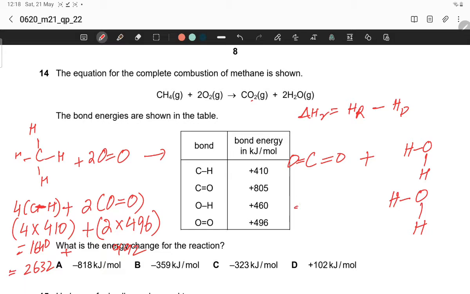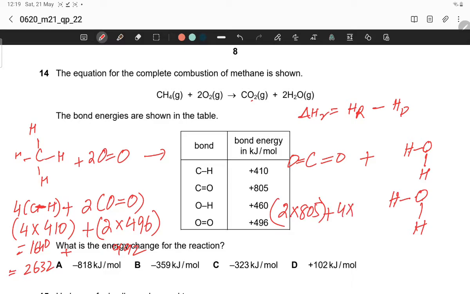And this is 2 C=O, 2 into 805, plus O-H 1, 2, 3, 4.